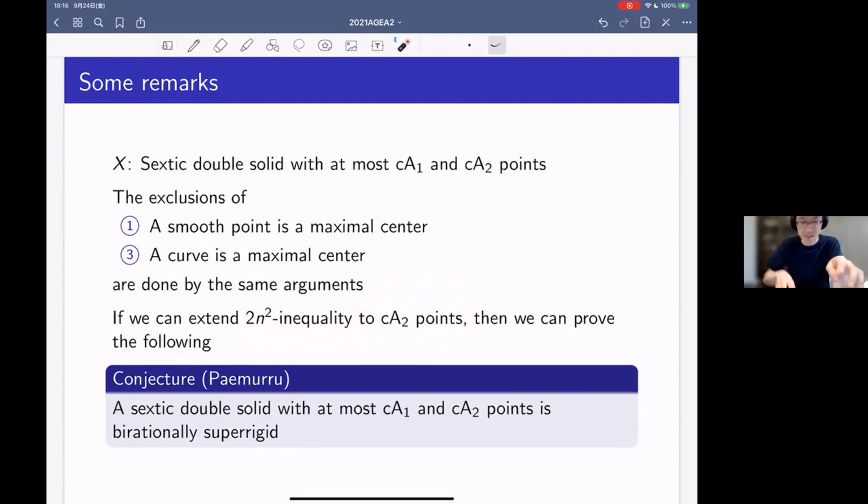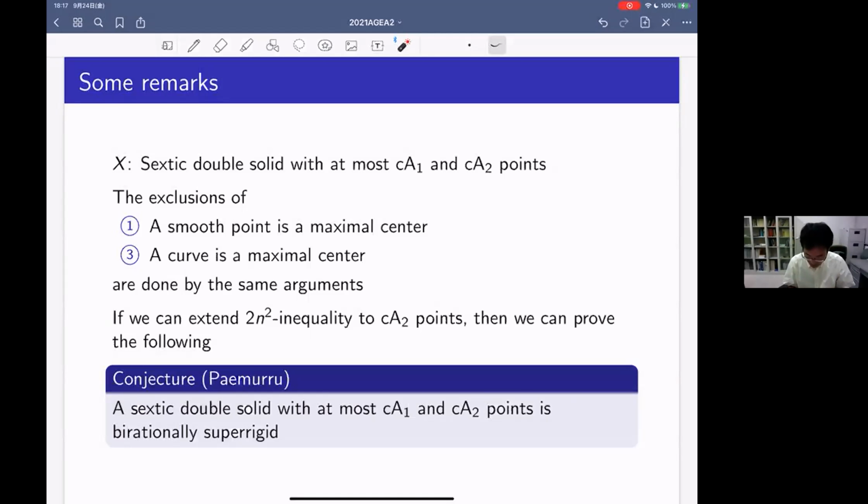Thank you very much. Is there any question or comment on this talk? Is it possible to consider cD points? Yes, it's possible, and it is important to consider the cD or cE case.